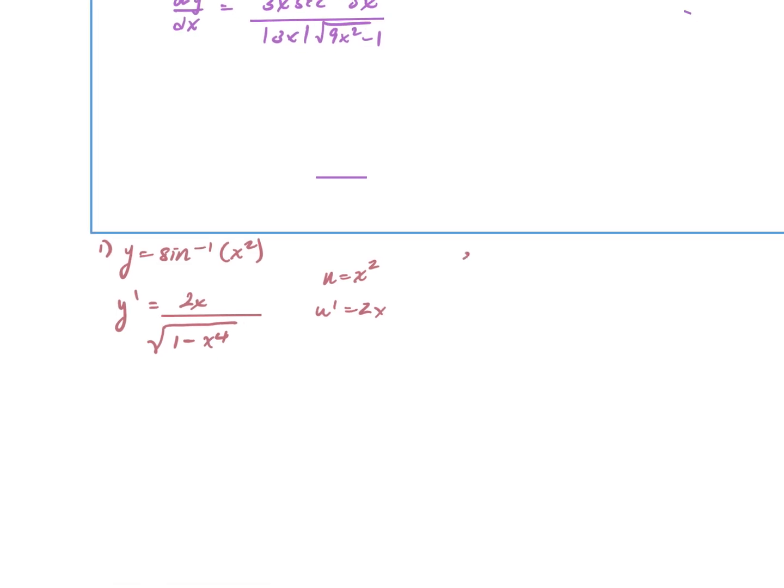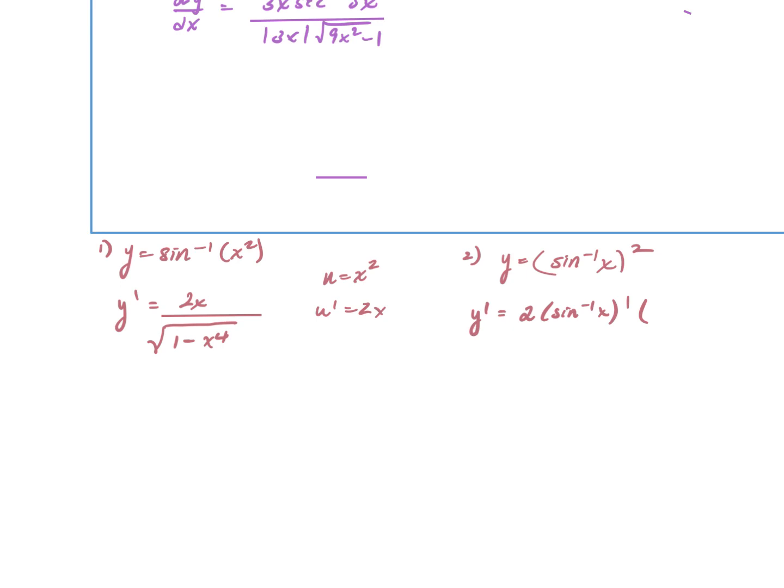All right, second one, we've got sine negative 1. So it's y equals, so sine negative 1 of x squared. So this one's going to entail the chain rule. So we'll say y prime, you're going to bring down the 2, sine negative 1 of x to the 1st power times the derivative of the inside.